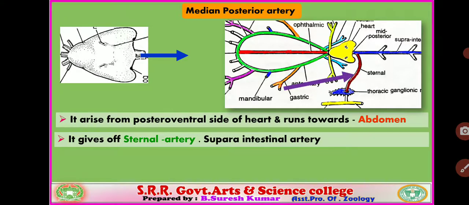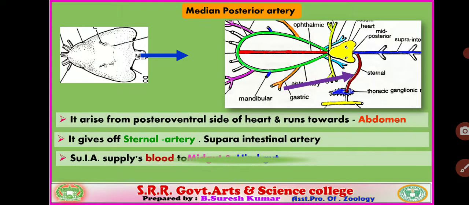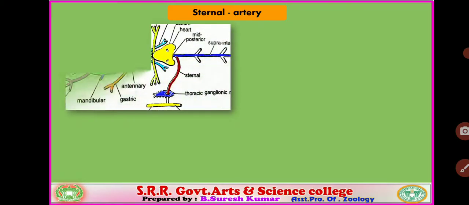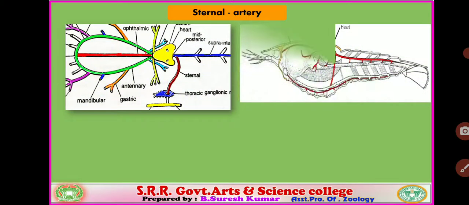You observe that is sternal artery, major vessel, and next supraintestinal artery behind it. Okay, supraintestinal artery supplies blood to midgut and hindgut, and the sternal artery is the major artery. It is a stout artery that arises from the median posterior artery. You verify that is a stout artery going to arise from median posterior artery.